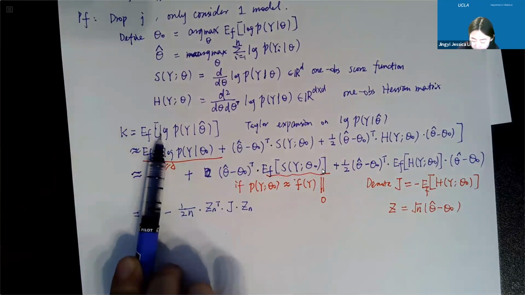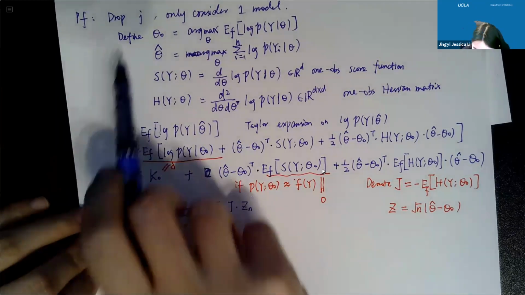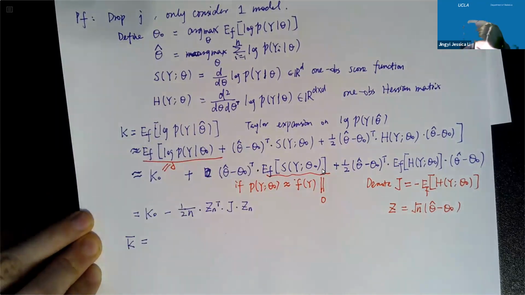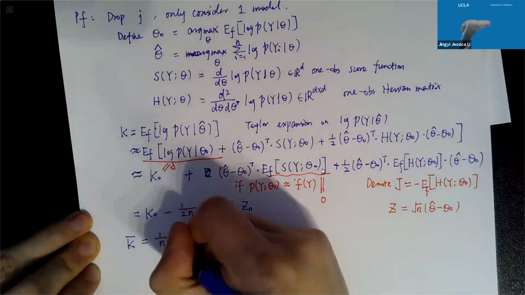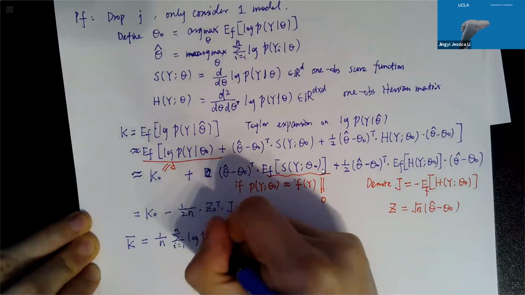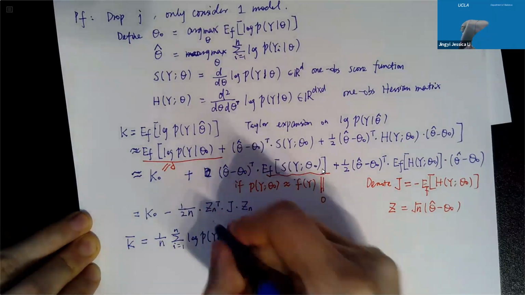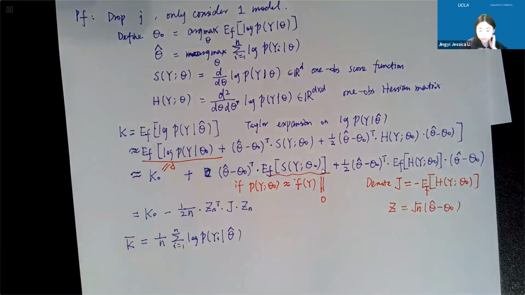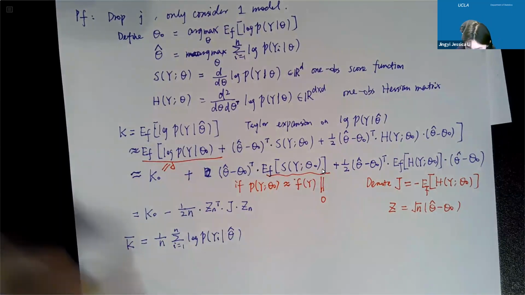So the next thing is to evaluate the K bar. K bar, by definition, is the average, 1/n, sum over i from 1 to n, of log p(y_i | theta hat). Again, we are going to do a Taylor expansion of the log density, just as we did here.